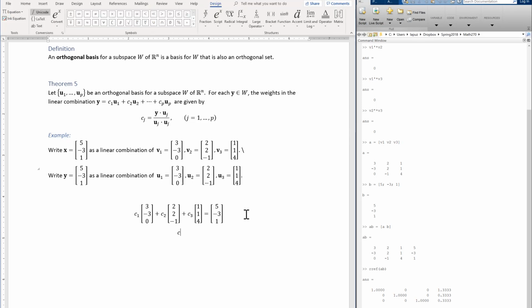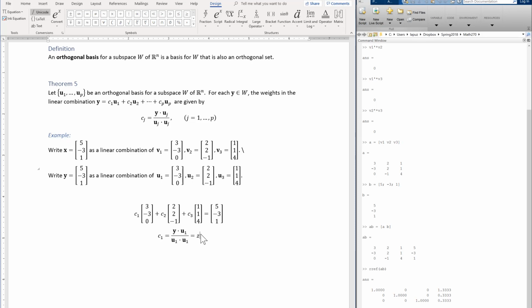So according to this, our C1 should equal this combination of formulas where you're looking at the first vector. And if you do that, we're essentially taking the dot product of U1 with y and U1 with itself.